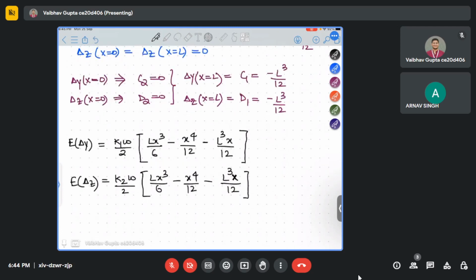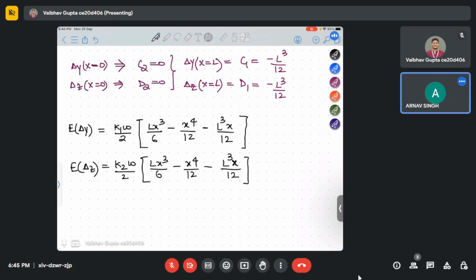Now they will ask you where you will get the maximum displacement. In a simply supported beam, last week also I told you, you will get the maximum displacement at the midpoint.